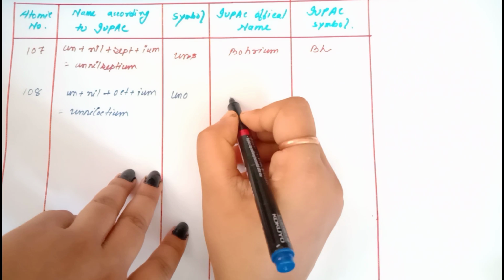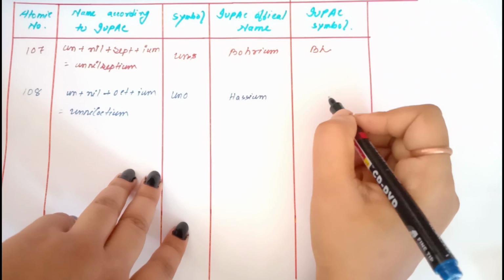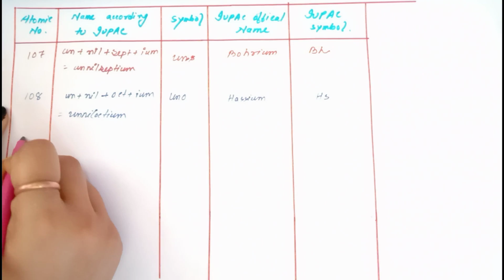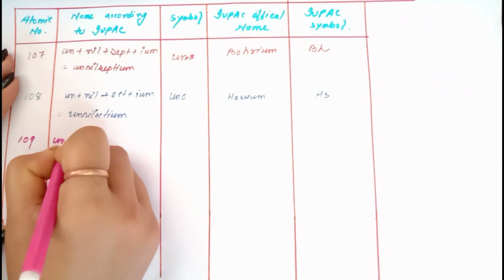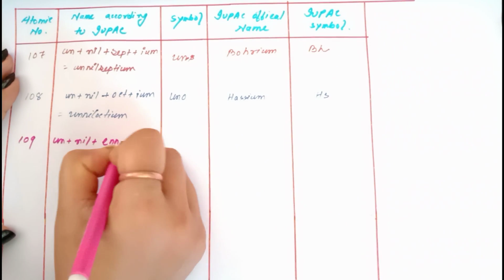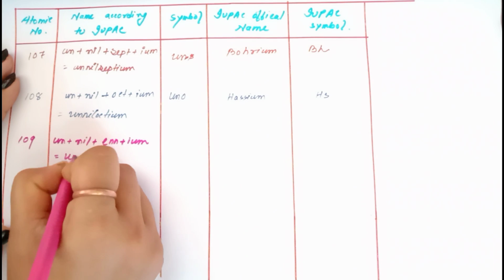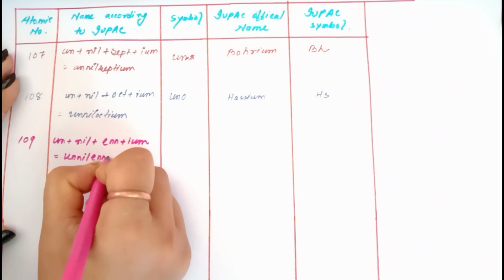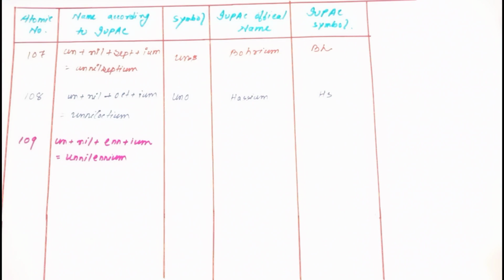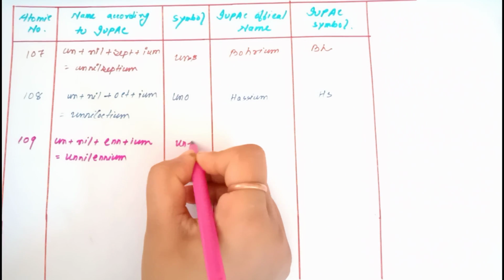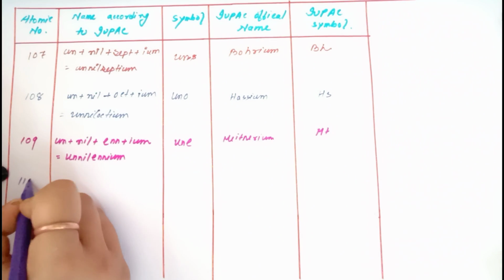Its official name is Hassium, symbolized as Hs. The element having atomic number 109 is named Unnilennium, and it is symbolized as Une.